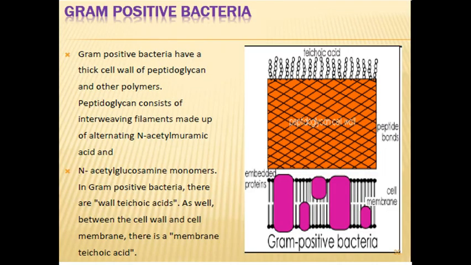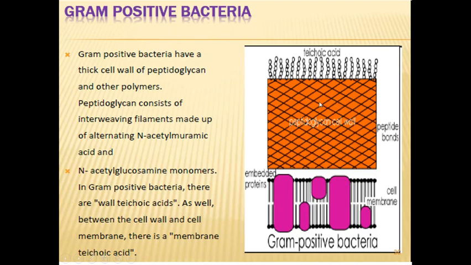Now we are going to discuss the structure of gram positive and gram negative bacteria. Already I explained in detail in the principle, but again you can observe the structure of gram positive bacteria. This one is the gram positive bacteria, and this one is the semi permeable plasma membrane, and above the plasma membrane there is a thick peptidoglycan layer.